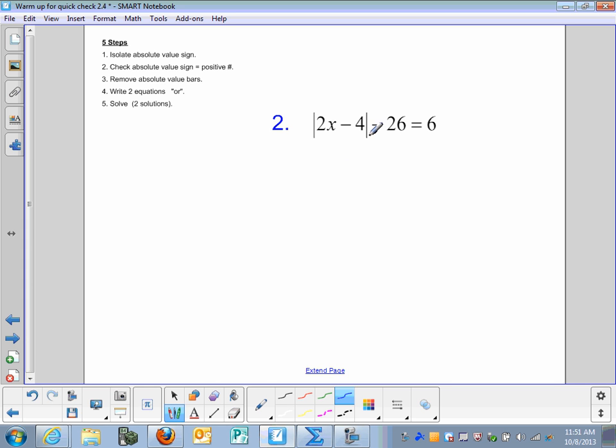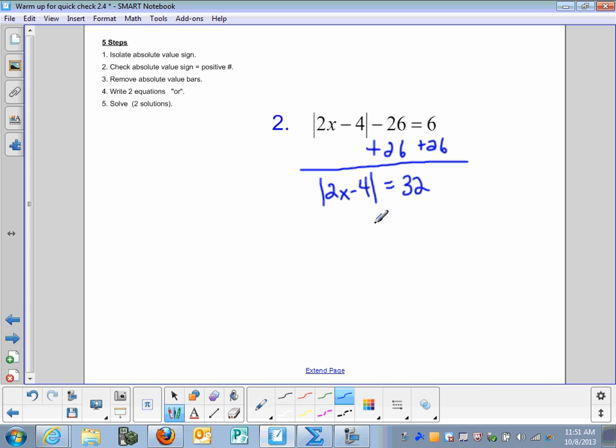So we need to get this all by itself, so we are going to add 26 to both sides. The absolute value of 2x minus 4 is equal to 32.